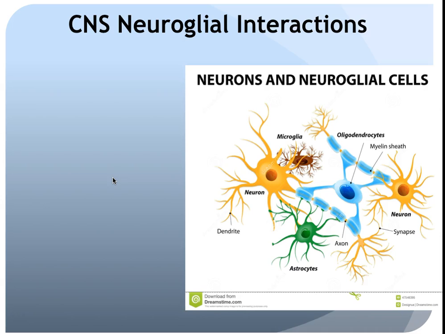So here I have a schematic that depicts neurons and what we call neuroglial cells. All right. So typically when you hear or you see the word neuroglial, people are talking about the glial cells of the brain. So here we have a neuron. We can see the neuron here. There's a microglia alongside of it. Now we don't really know what it's doing yet, okay, but we'll get there.